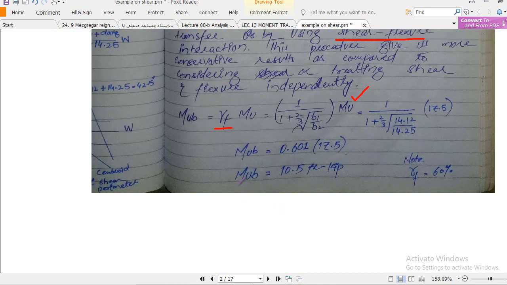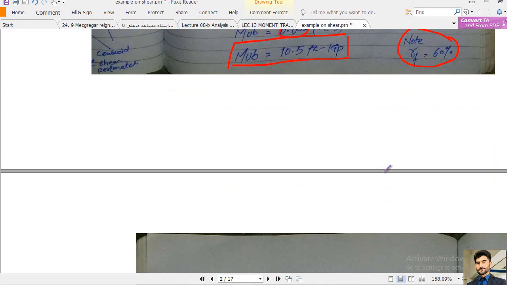You get the unbalanced moment transferred by flexure, which is this much, 10.5 feet kip. In this case, your gamma f is this one. This means that 60% of the unbalanced moment is transferred by flexure, while the rest, 40%, will be transferred by the eccentric shear.